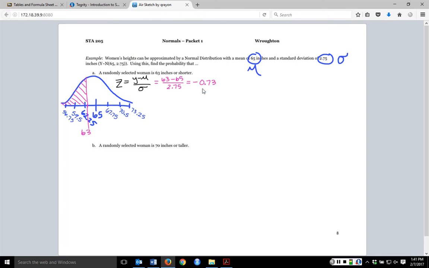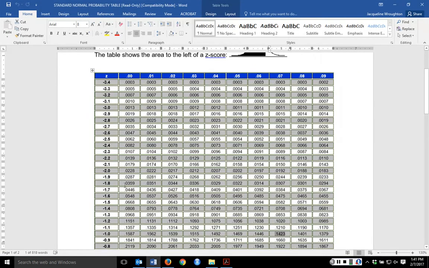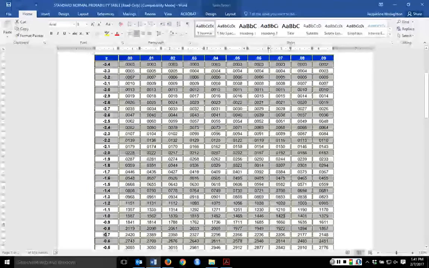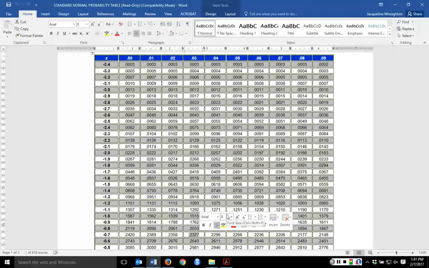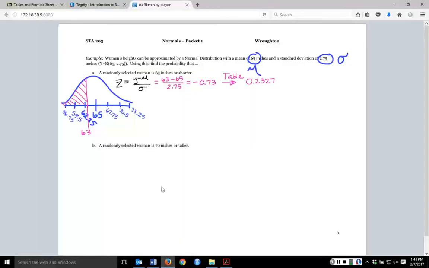So now I'm going to take this negative 0.73, and I'm going to take that number to the table and look that number up. So here's my negative 0.7 row in my 3 column, and I find this 0.2327. That's what I got from the table.